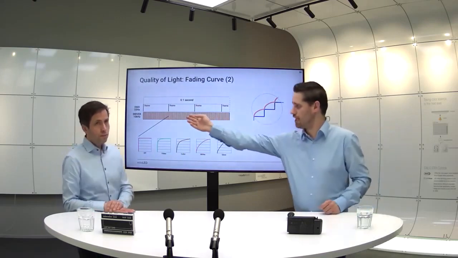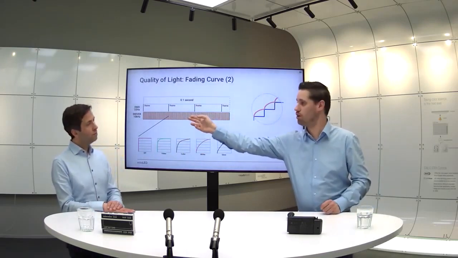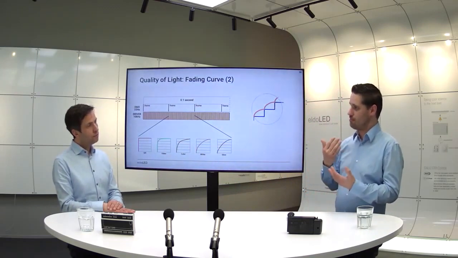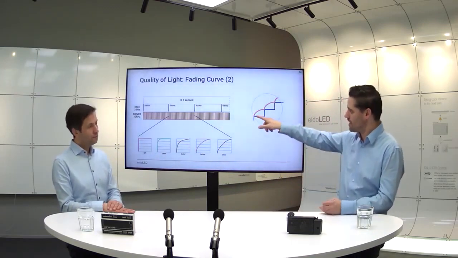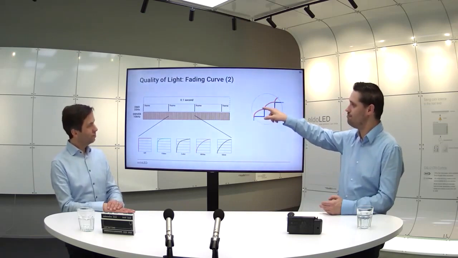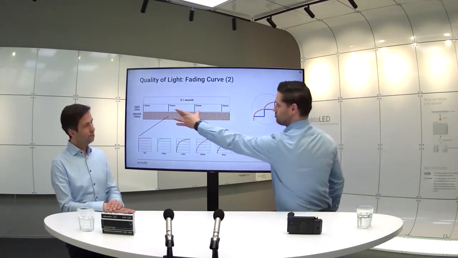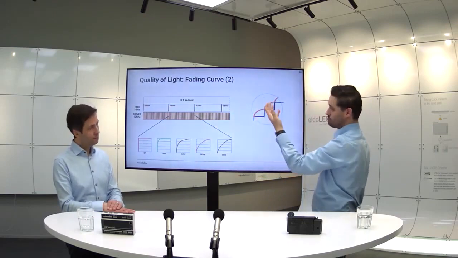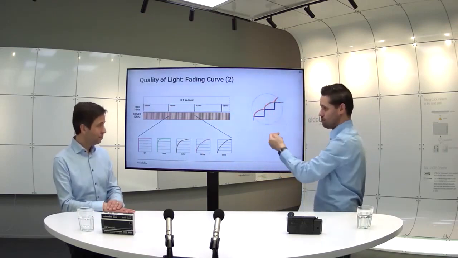That's where we as eldoLED come in with the resolution we have in our LED driver, so that we can add a slight amount of interpolation to calculate those in-between steps between each frame. Each frame brings you a next set point, sometimes it's the same, but it can be a completely different set point.